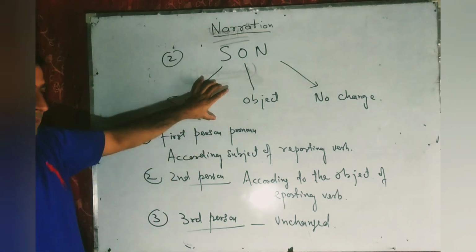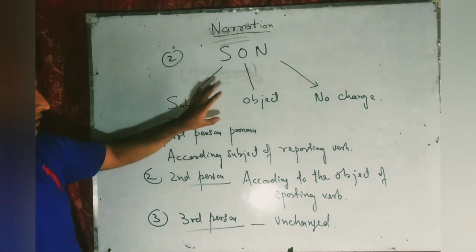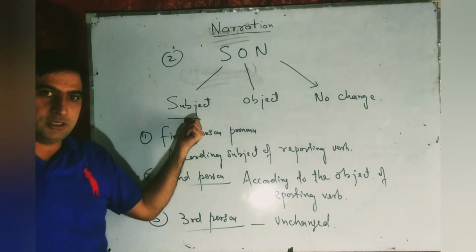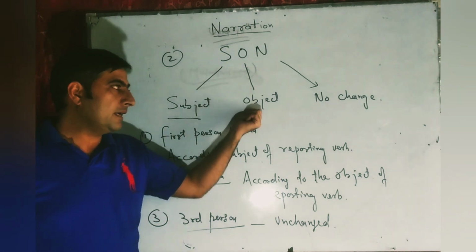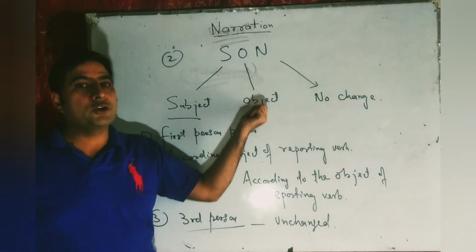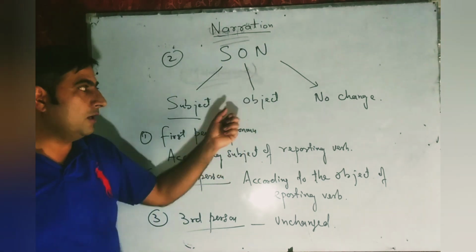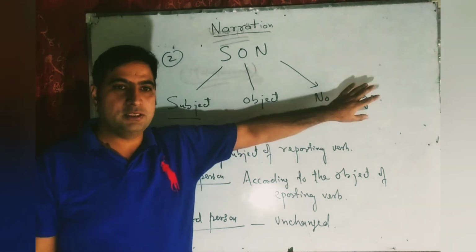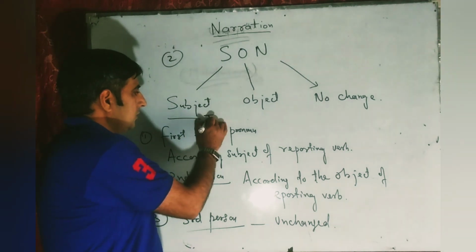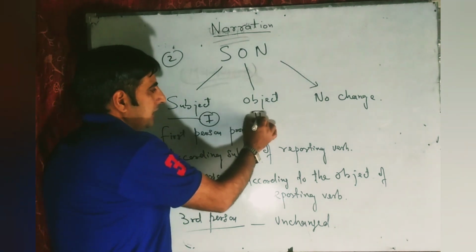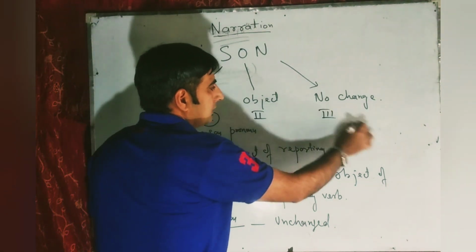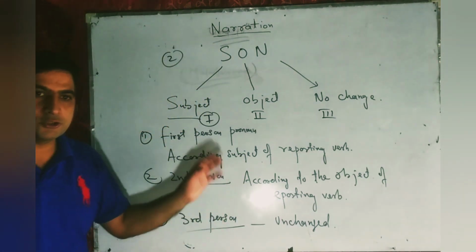So the first person pronoun is changed according to the subject of the reporting verb, the second person is changed according to the object of the reporting verb, and for the third person there is no change. So remember, in short, the first person, second person, and third person. I hope you have understood it.